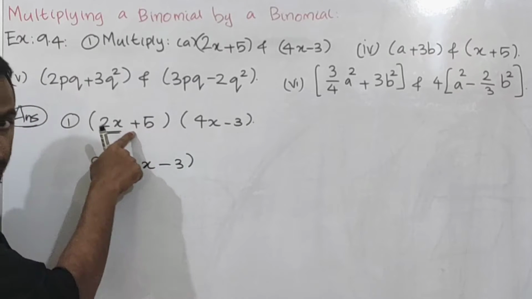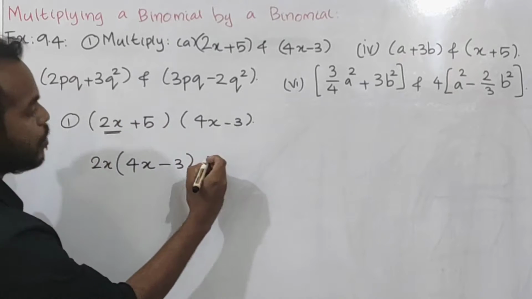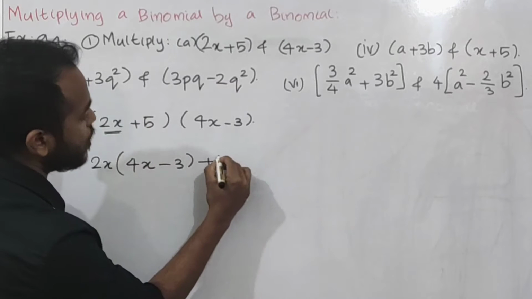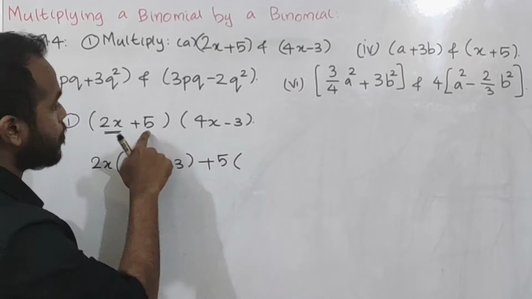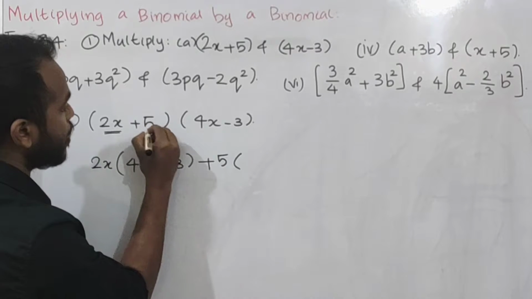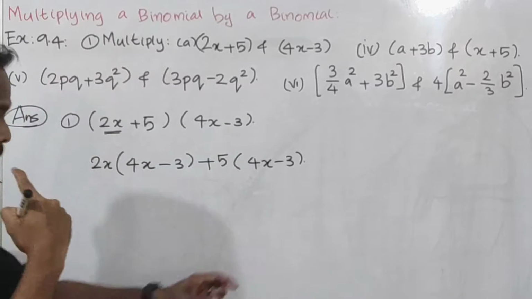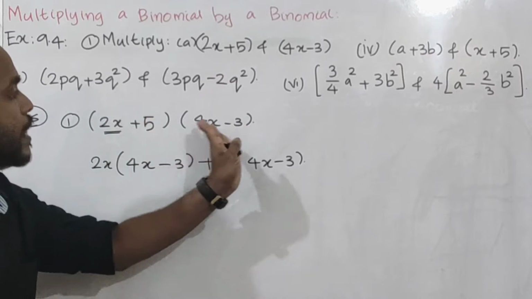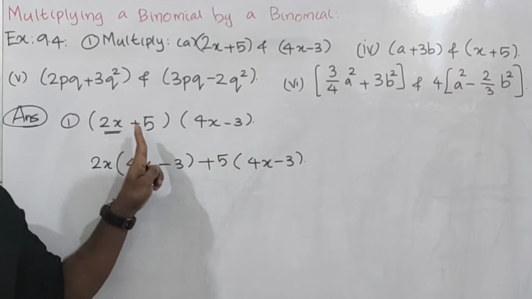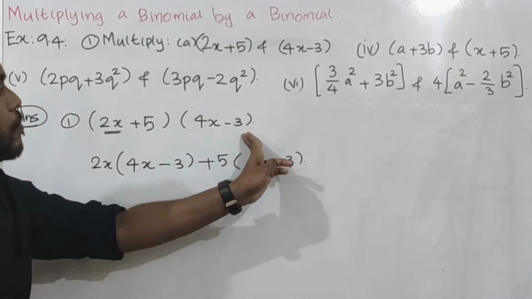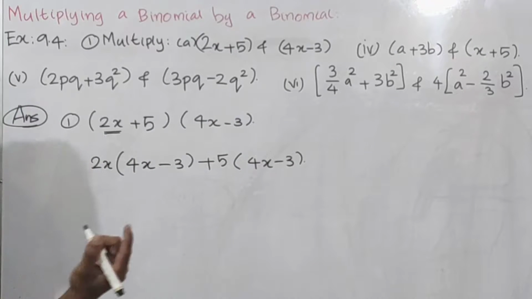Then whatever symbol is between the two terms of the first bracket, put that over here along with the number. Who is that? 5. So take the number 5 and multiply the second bracket completely. Who is the second bracket? 4x minus 3 again. So I repeat the steps. First element of the first bracket into the second bracket completely. Then plus second element of the first bracket into the second bracket completely. And if you simplify it, you will get the required answer.